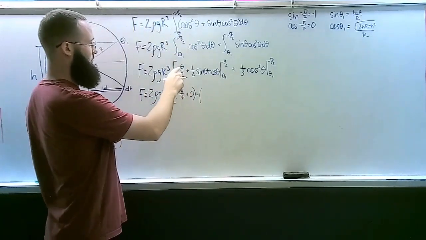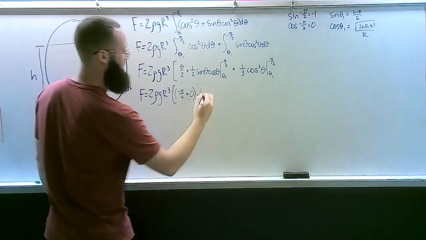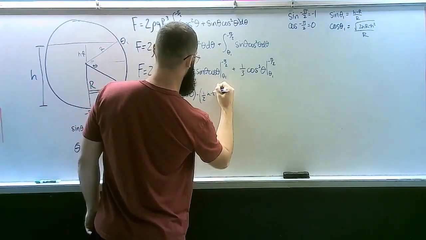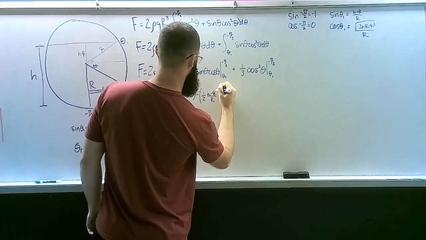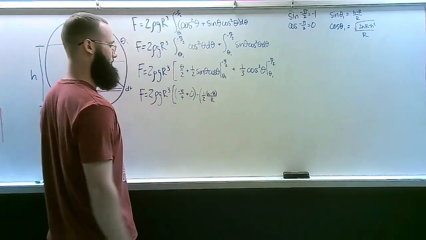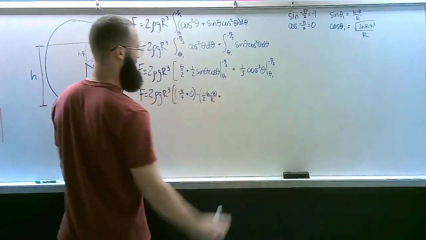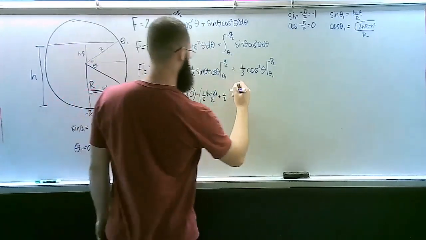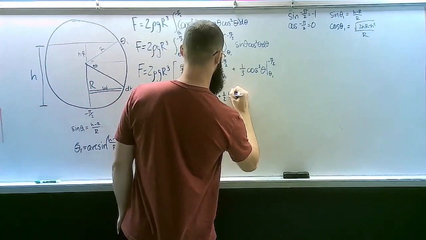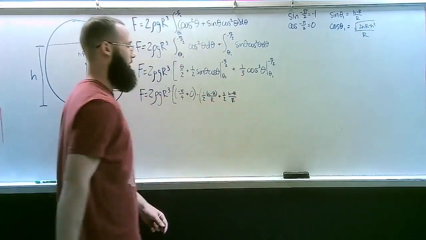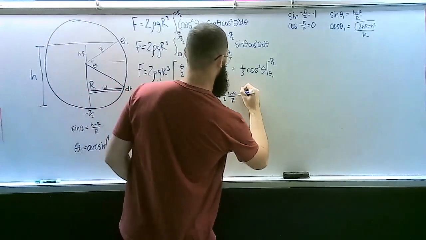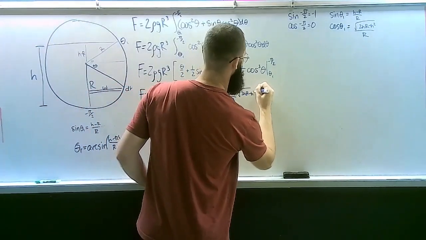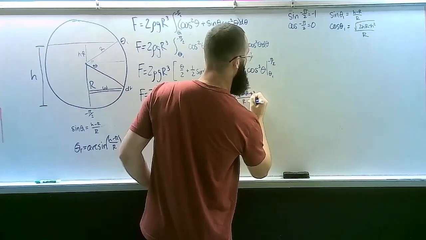And we get theta over 2. So theta 1 over 2 is going to be 1 half (h minus r) over r. And then to that we add 1 half sine of theta 1, which is (h minus r) over r, and cosine of theta 1, which is going to be the square root of 2hr minus h squared, all over r.